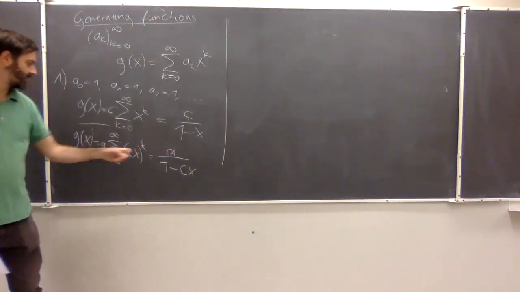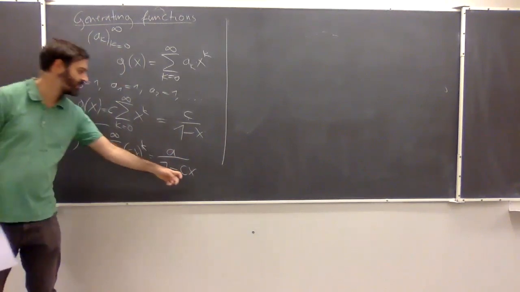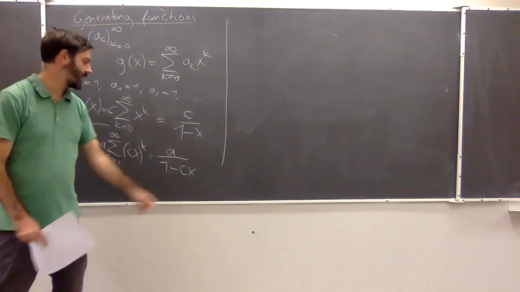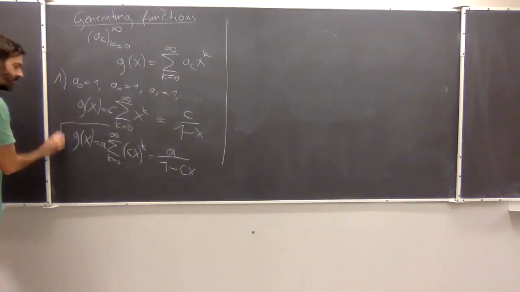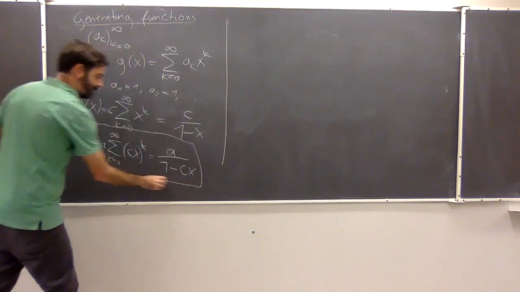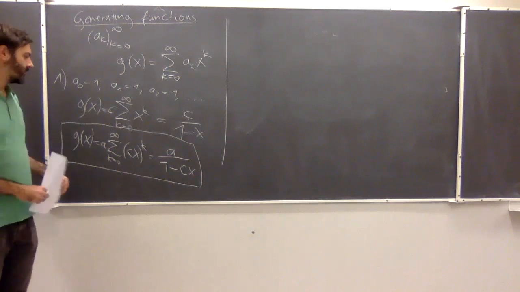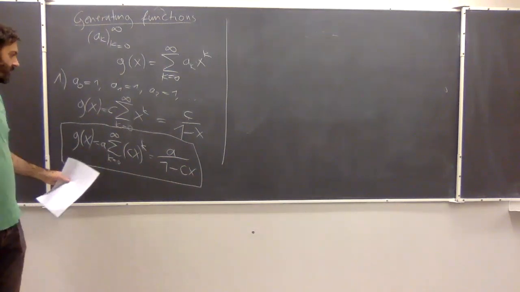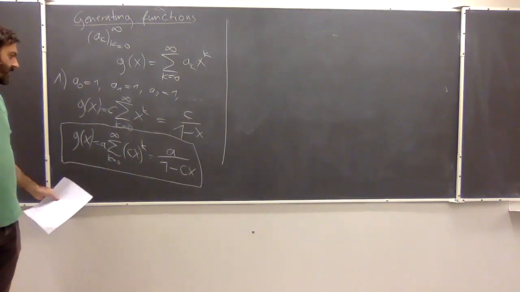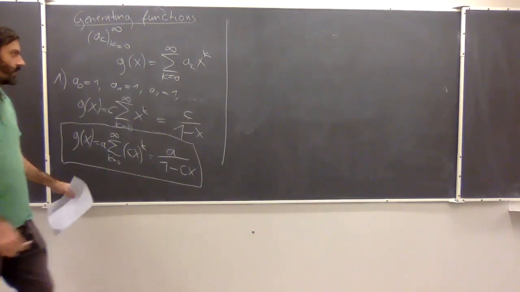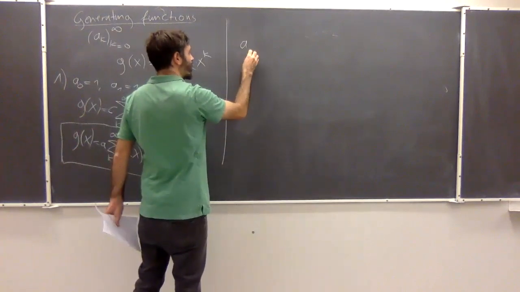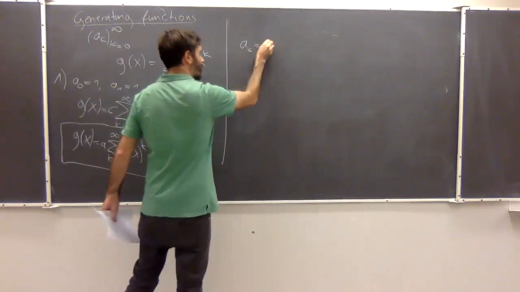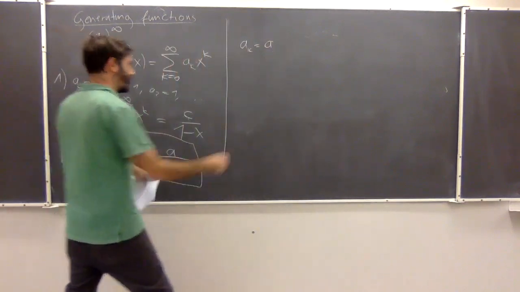So the a is the number in front, and the c is the number within the brackets; we take the c to the power k. This formula gives you a way to encode certain sequences, and the sequences look exactly like a_k is equal to a times the number c to the power k.